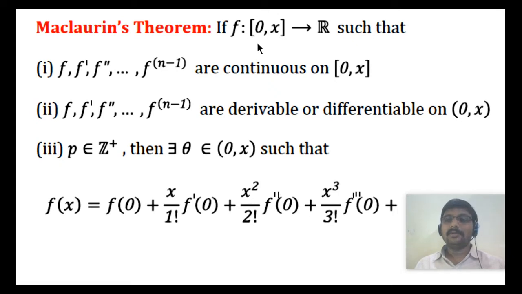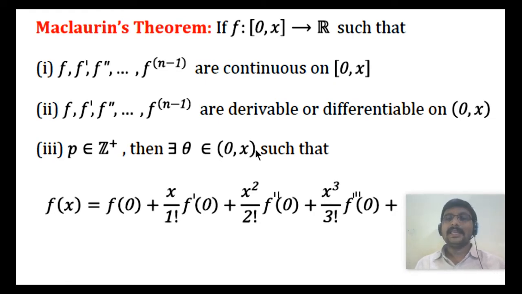The initial value is 0, the ending value is some x. And these functions are derivable or differentiable in the open interval 0 comma x, and p is a positive integer. Whenever these three conditions hold for a function f, then there exists a point theta which lies in the open interval 0 comma x, satisfying the condition.